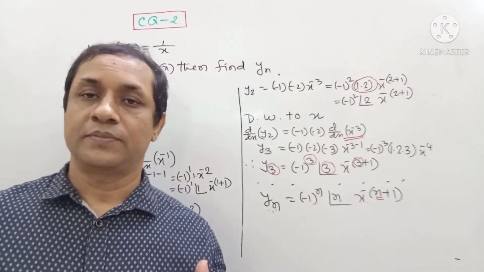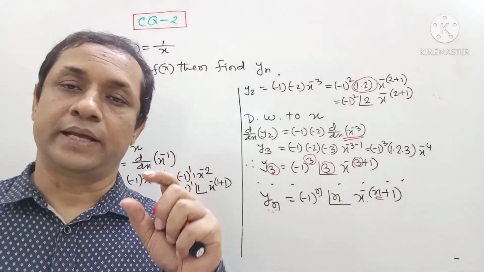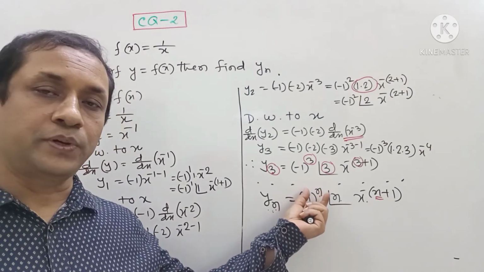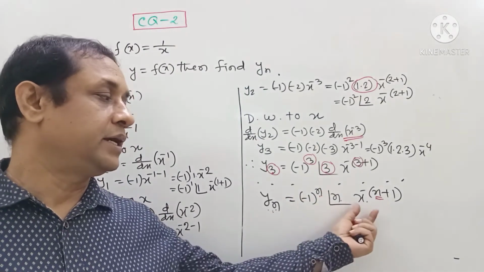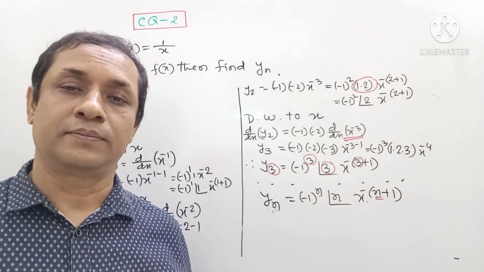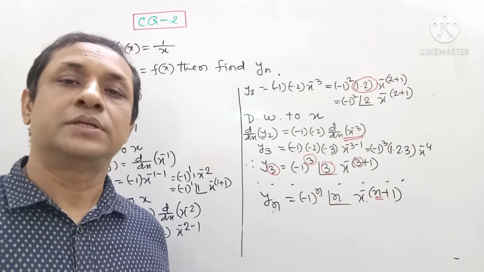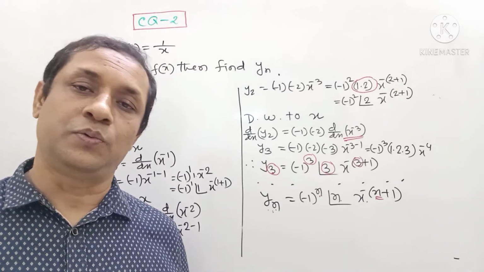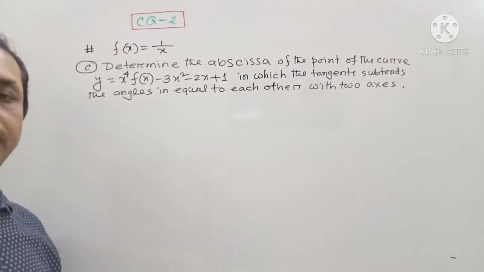So student, yn means n time differentiation, we have minus 1 whole to the power n factorial n x to the power minus n plus 1. So required result. I hope that student you are clear.